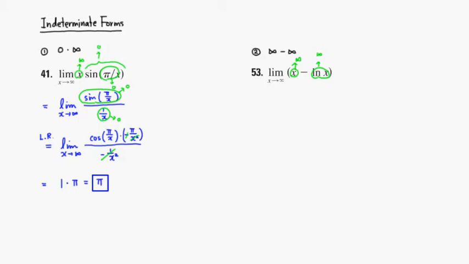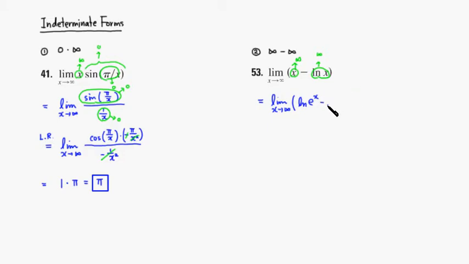So let's try this. I'm going to rewrite x in terms of the natural log. So here you have the limit as x approaches infinity. We can rewrite x as the natural log of e to the x. Remember, exponential and log functions are inverses of each other, so they basically cancel each other out, and you're just going to get x.